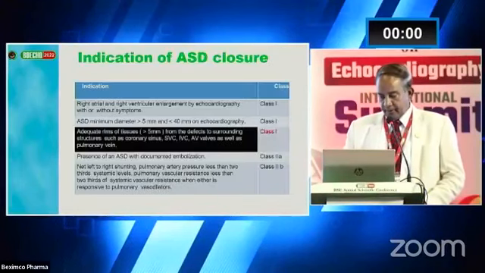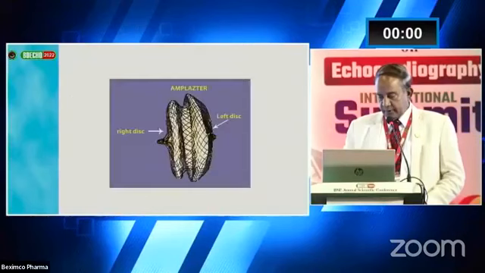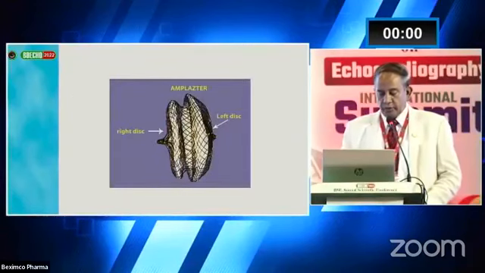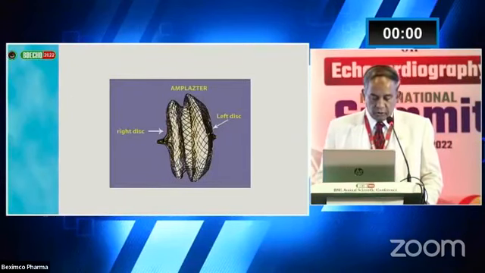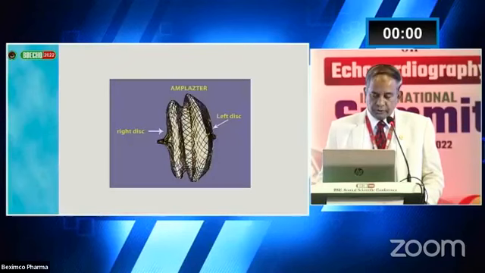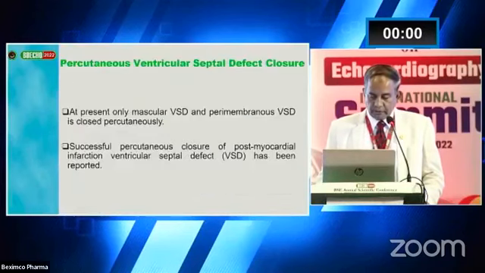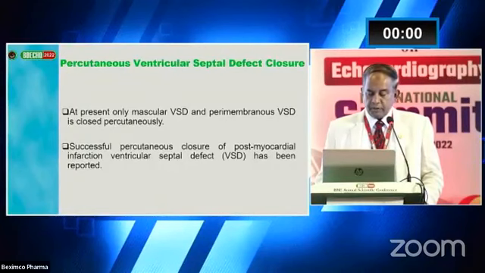These are the occluders. This is the other occluder. In the ventricular septal defect, at present only muscular VSD and perimembranous VSD are closed percutaneously.